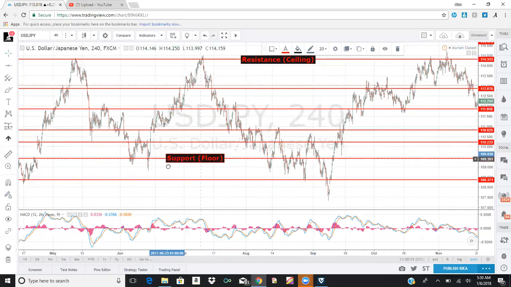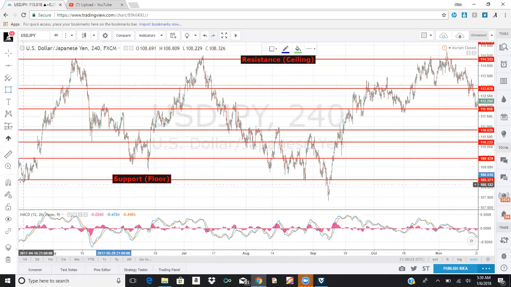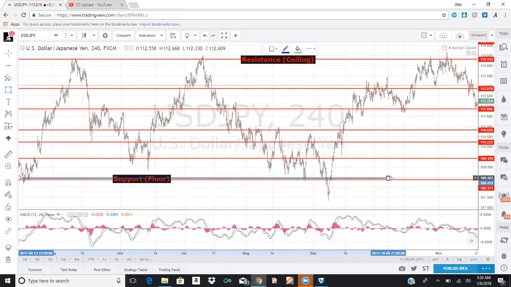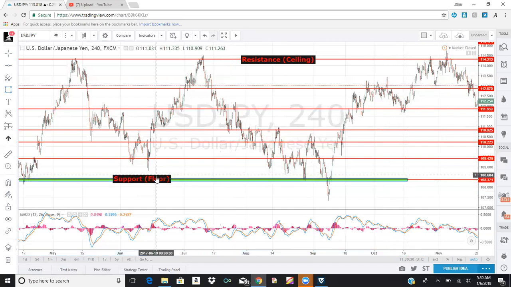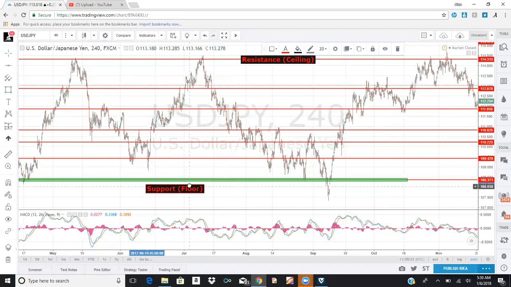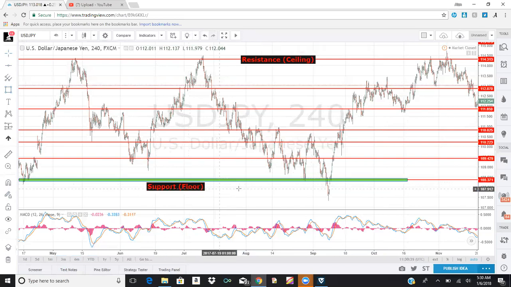We can also tell that every time the market gets around this level right here, it's a level of support. The market respects it, right? Very, very simple stuff. So support, resistance, floor, and the ceiling, right?